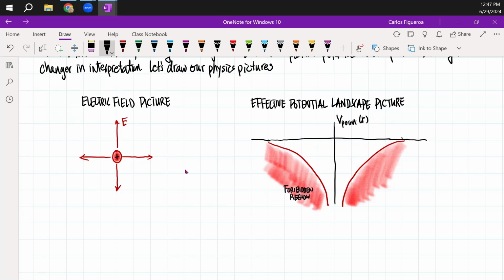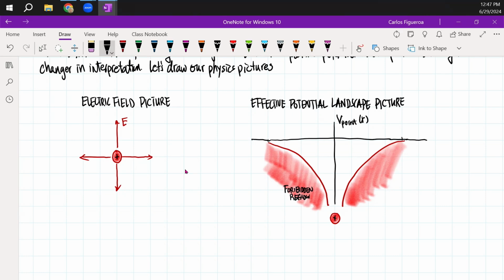This is caused by this positive test charge for the negative charge.